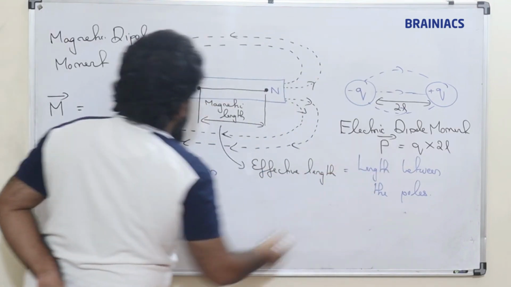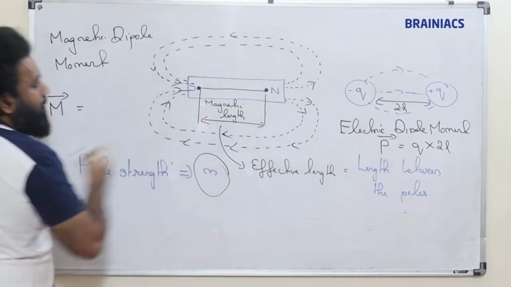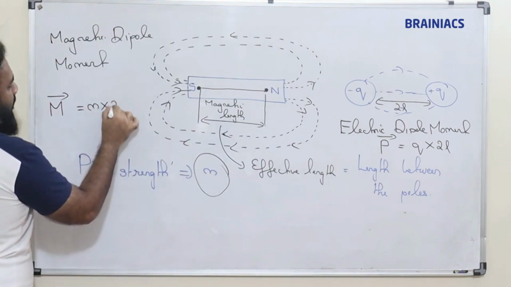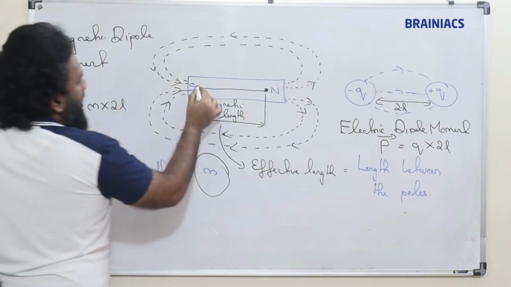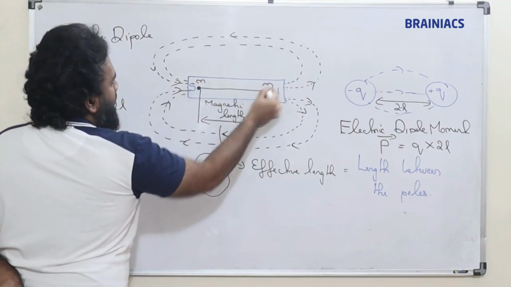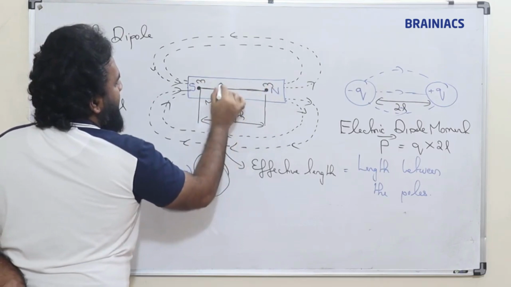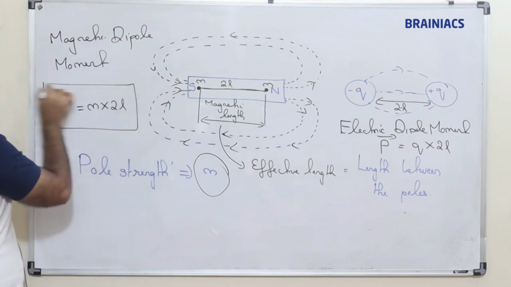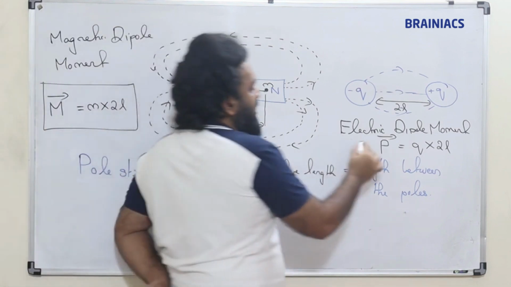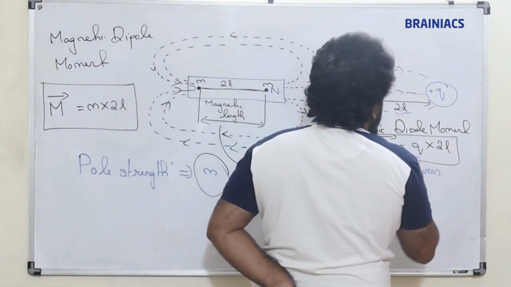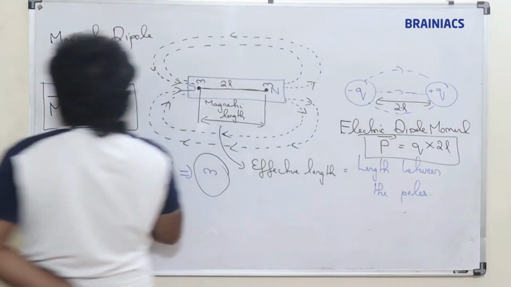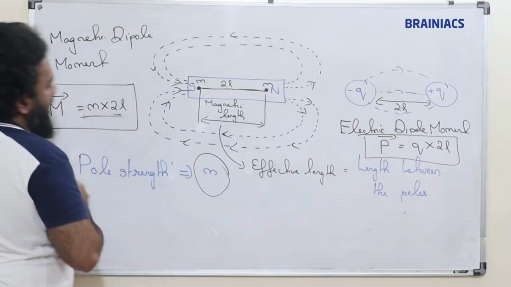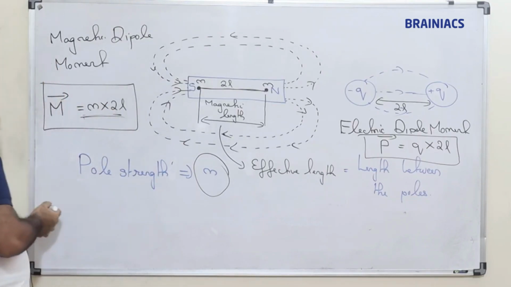Just like q into 2L, here we have pole strength, so m into 2L. Pole strength m into this length, if we consider it as 2L, then 2L. So electric dipole moment P is equal to q into 2L. Same way magnetic dipole moment is nothing but M equals m into 2L. Clear?